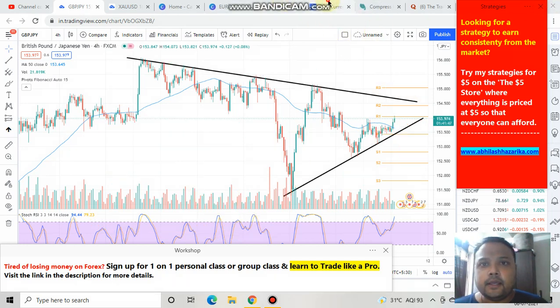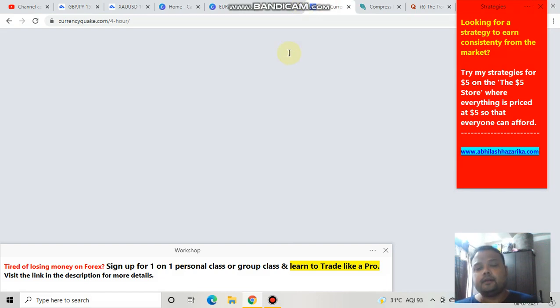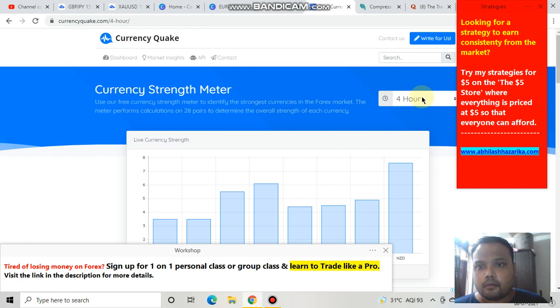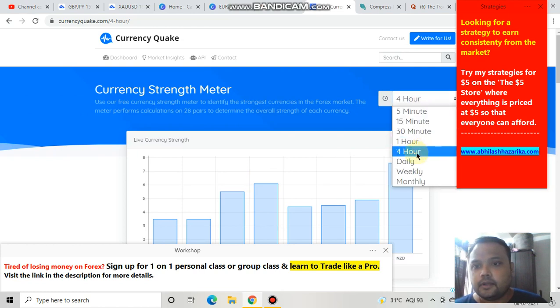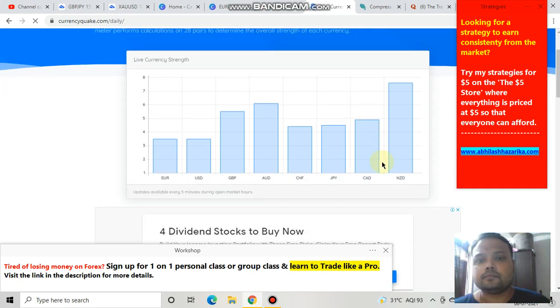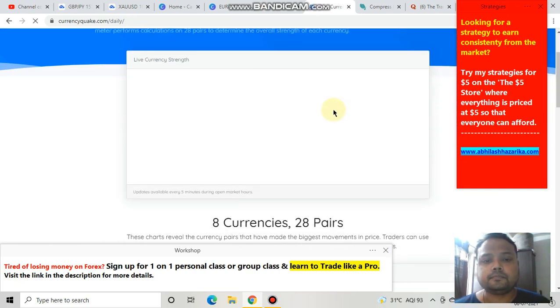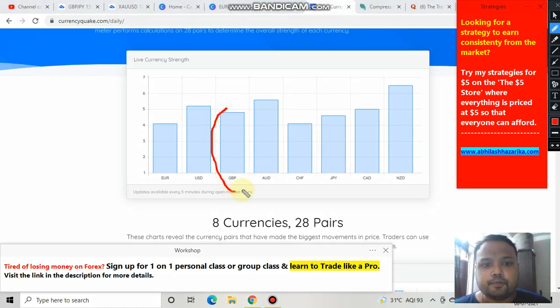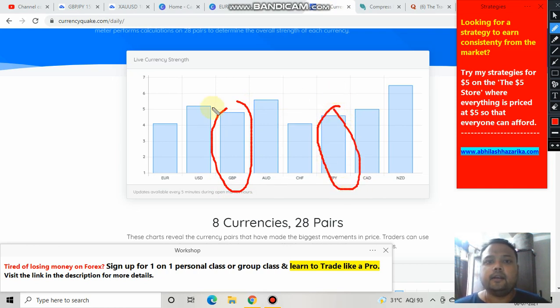And if we look at the currency strength meter here, let's go to the daily chart. If you look at the currency strength meter here, we can see that this is the British pound and this is the Japanese yen, and they are almost of equal strength right now.